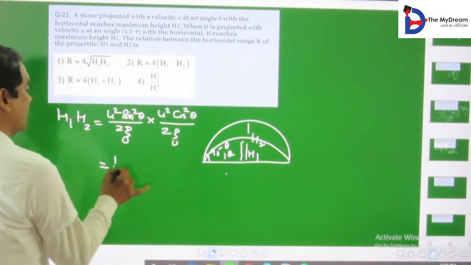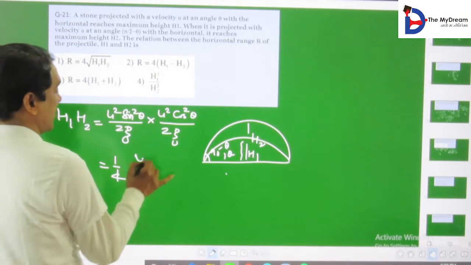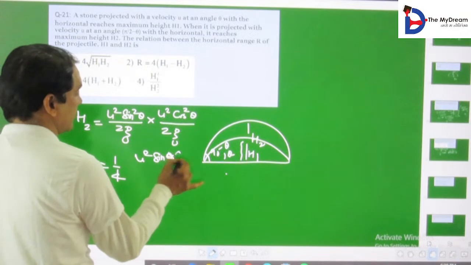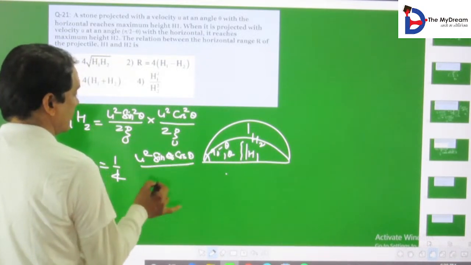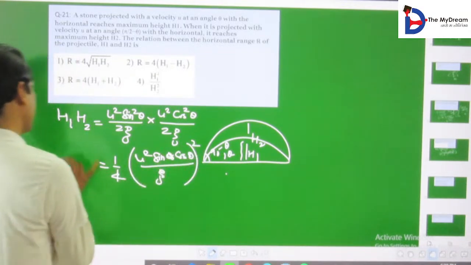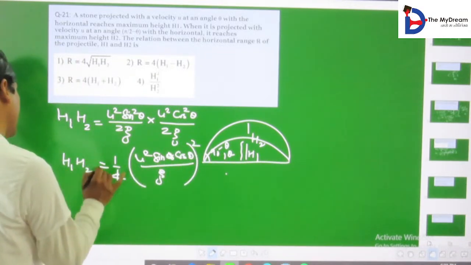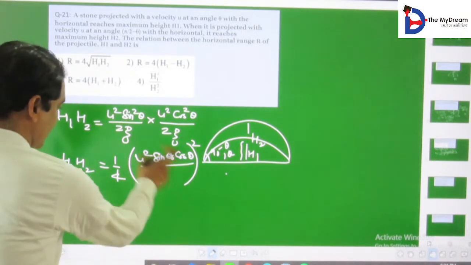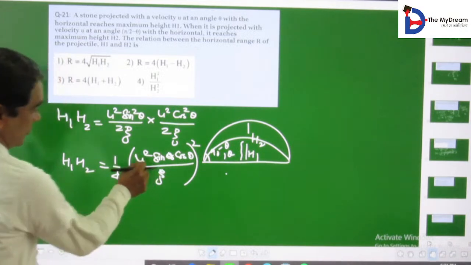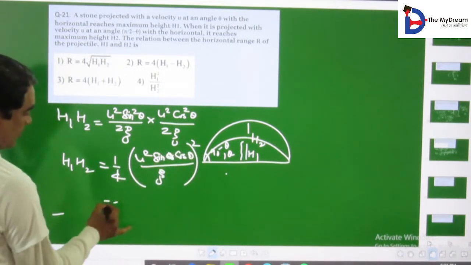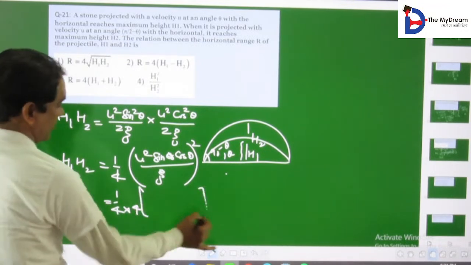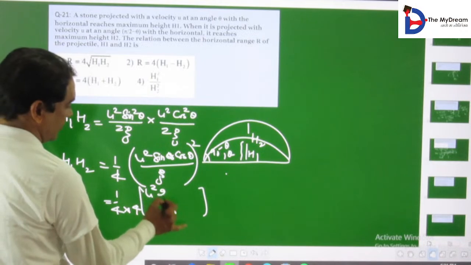2 2 जा 4 u स्क्वायर साइन थीटा कॉस थीटा by g, there is a square. ये ऐसे नहीं लग रहा रेंज का फार्मूला, पर देर इज सम मिसिंग. क्या मिसिंग है? 2 मिसिंग है. यू स्क्वायर 2 साइन थीटा कॉस थीटा. It means आप 2 से मल्टीप्लाई कर लो. स्क्वायर ऑफ 2 क्या होता है बेटा? 4.